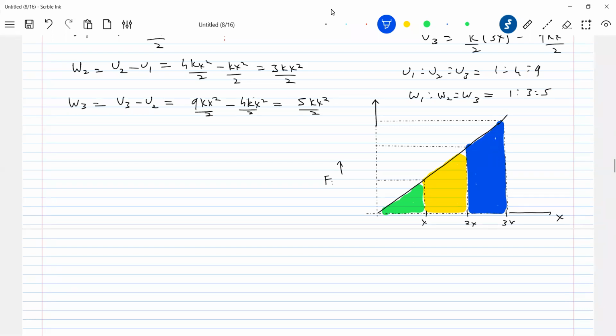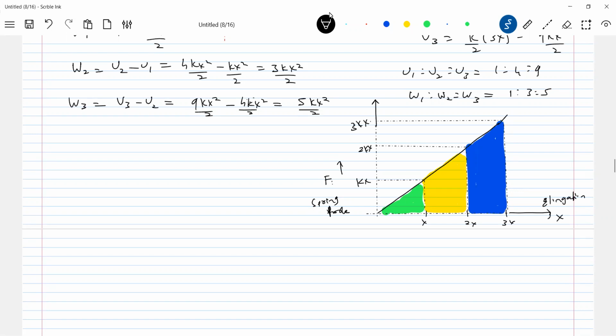Okay, now see this. What is W1? You can write it. What about the spring forces? This will be kx, this will be 2kx, this will be 3kx, no? Spring force. And this is the elongation. What is the x-axis?